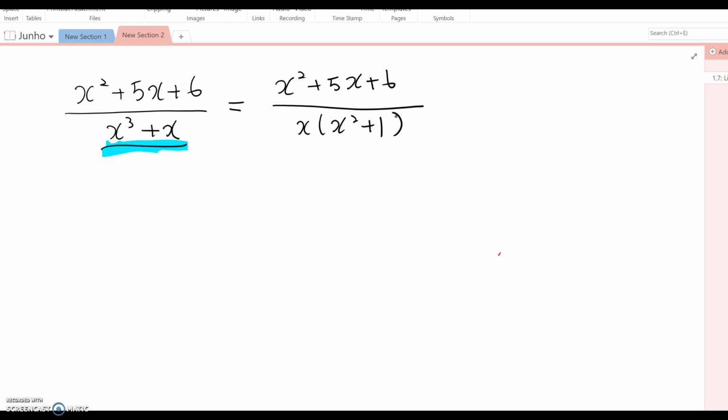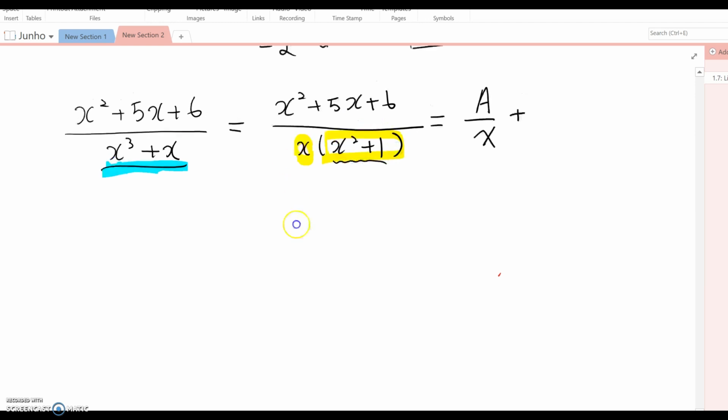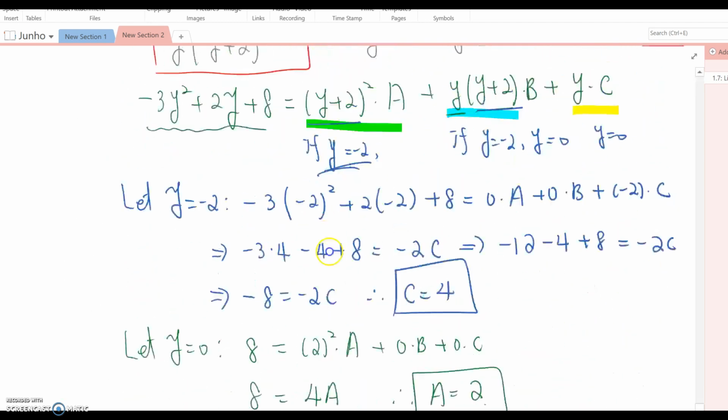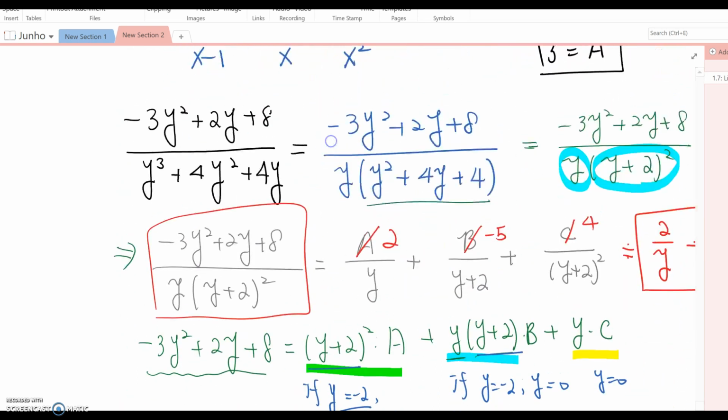Now we need to make partial fractions, A for the base denominator x, and then the base denominator x squared plus 1. So this one becomes A over x plus... Unfortunately, this is not something squared like the other question, where after factoring it became something squared.